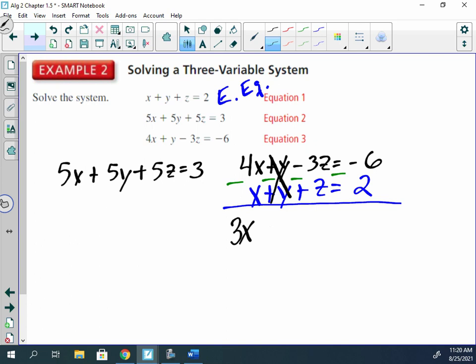And negative 3z minus 1z, or negative 3 minus 1, is 4z. And negative 6 minus 2 is going to be negative 8.